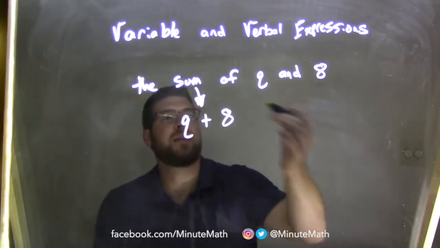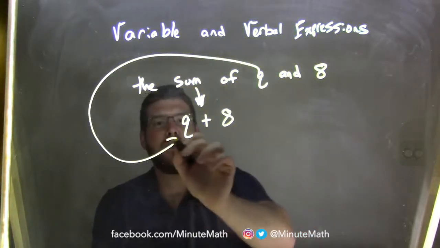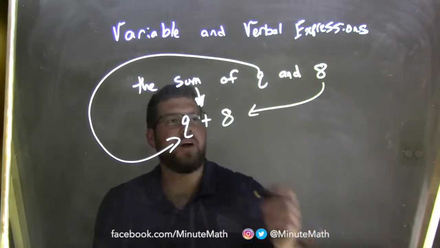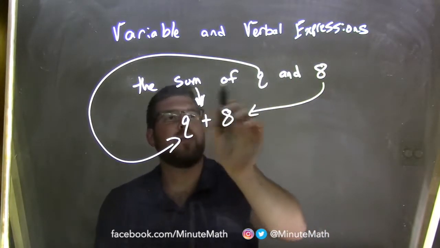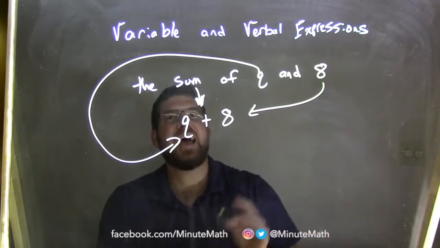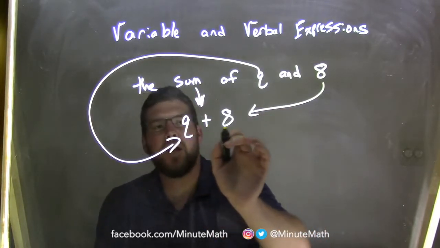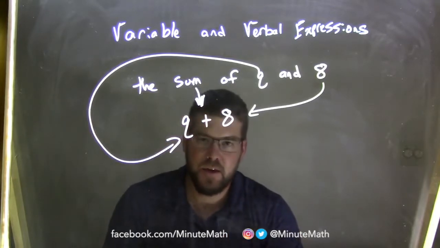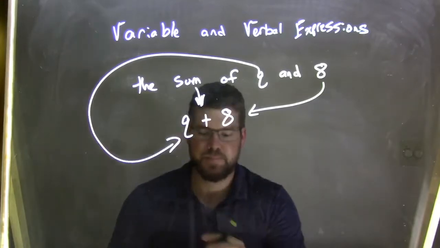So I'm writing q, and then there is the 8. We start with our verbal expression, the sum of q and 8, and we convert that to our variable expression, q plus 8. Again, the key thing here is knowing that sum is addition.